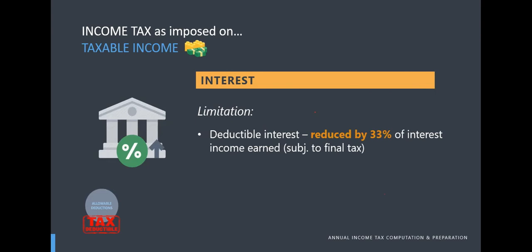So for example, if the taxpayer has 100,000 interest income earned, gross na to, that is subject to final tax, you must get the 33%. So the 33% of 100,000 is 33,000. So that 33,000 must be deducted from the amount of interest expense recorded in the books.